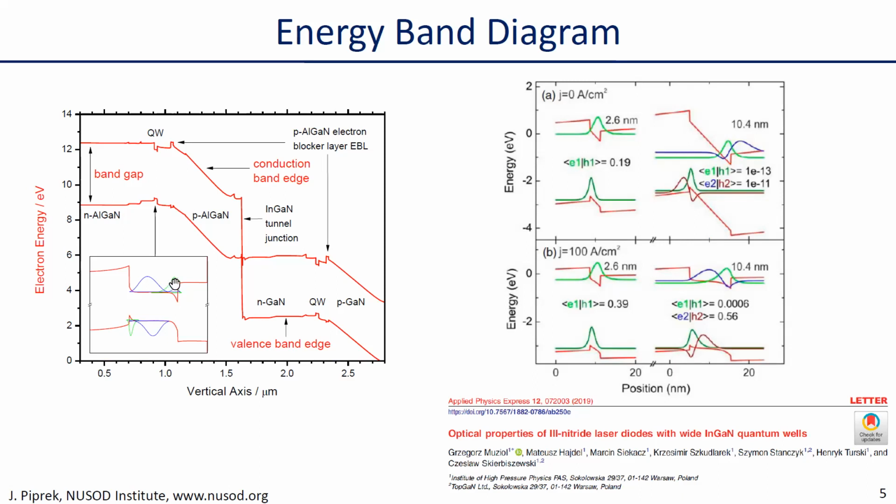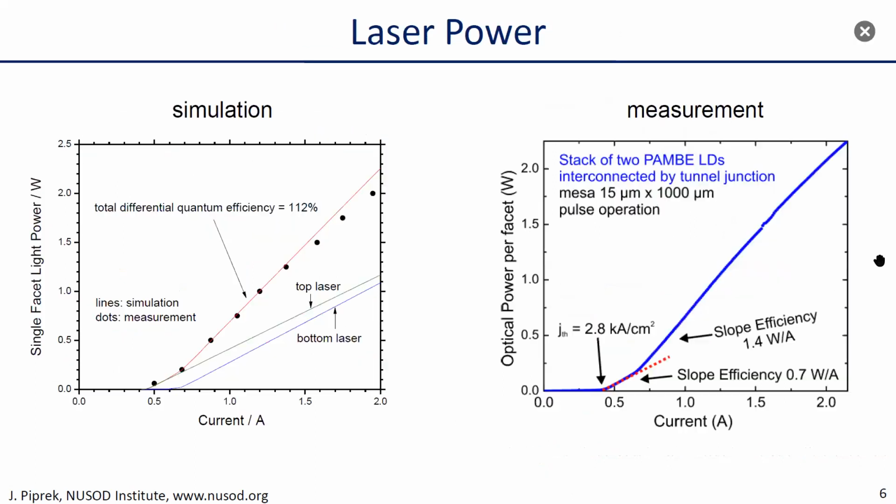The screening is so good that we achieve flat band conditions in the center of that thick quantum well. That means the field is practically zero, and the second quantum level can then fill with carriers that show a very good overlap and generate the optical gain that drives the laser. That is, in my view, one of the most unique features of this laser diode.